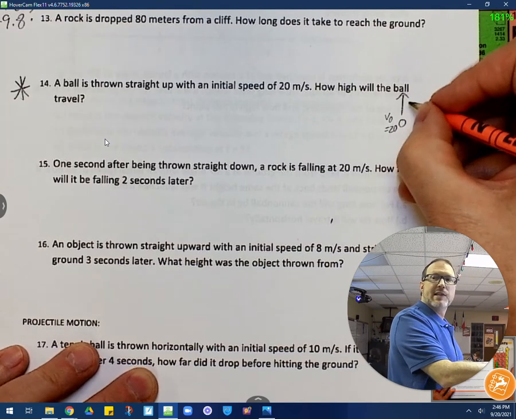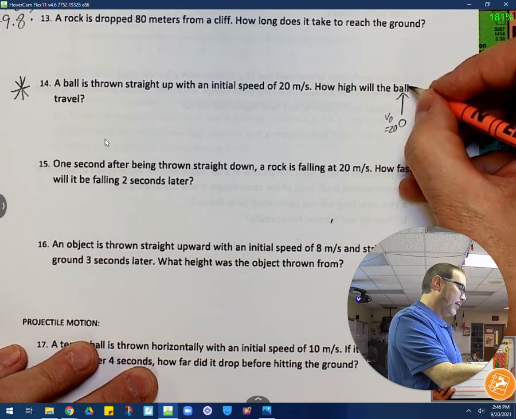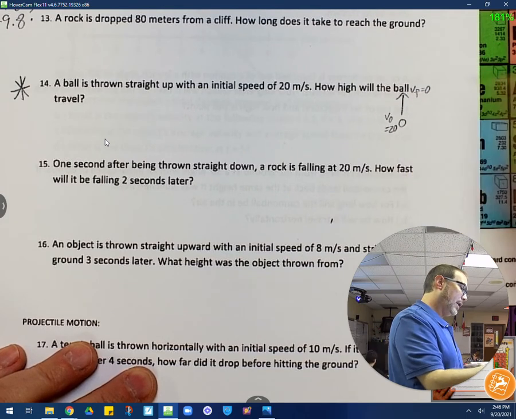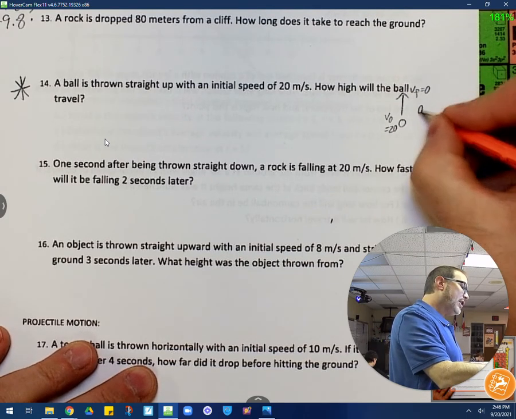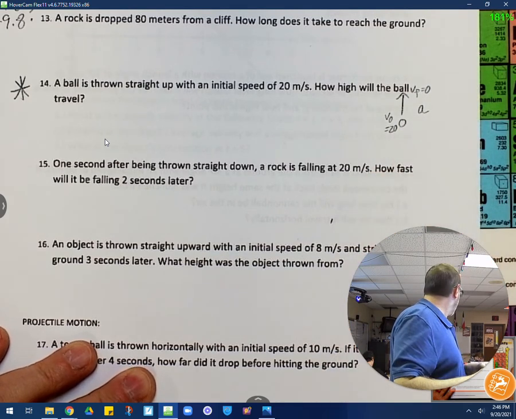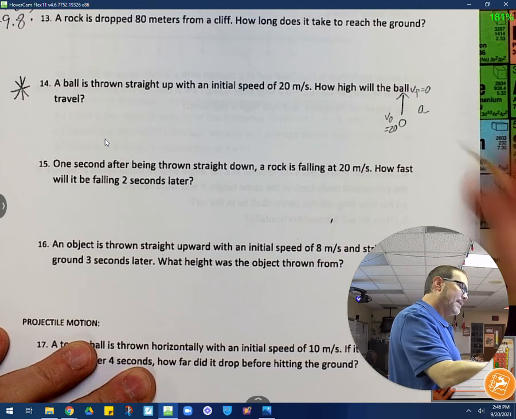What's its final velocity going to be when it stops moving up? Vf equals 0, okay? Will acceleration here be in the same direction it was moving or the opposite direction? Opposite direction.